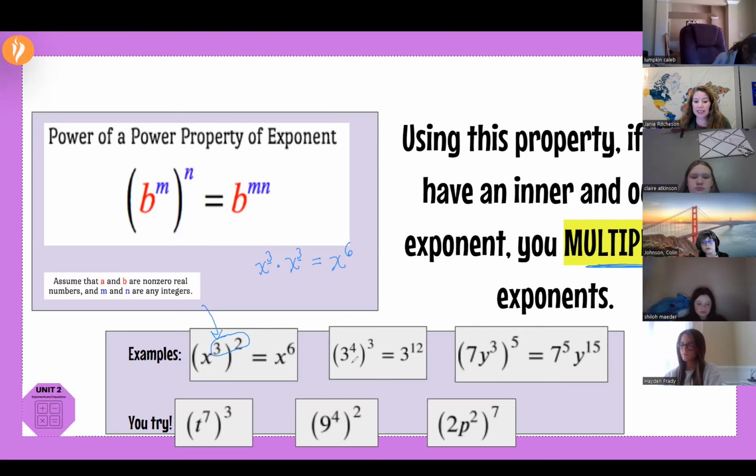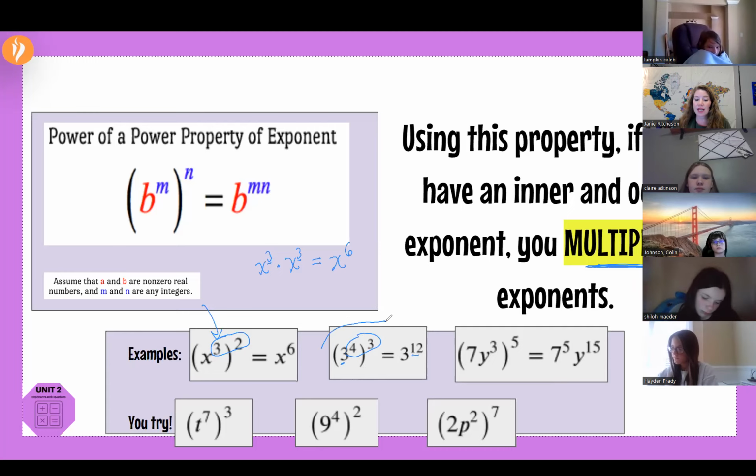All right, so let's look at the second one. We have 3 to the fourth power raised to the third power. Well, that's a power raised to a power. We bring over the 3, we multiply 4 times 3, and we get 12. So the answer is 3 to the 12th. Now, if you put this in your calculator, it will give you a huge number because 3 to the 12th power is a very big number.